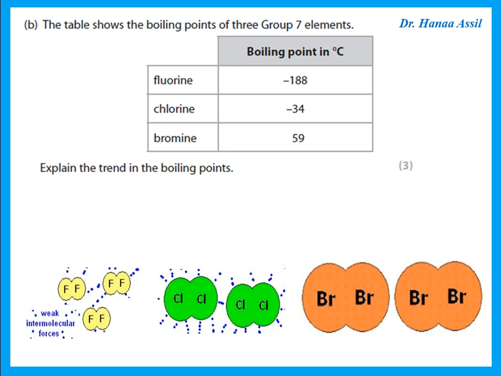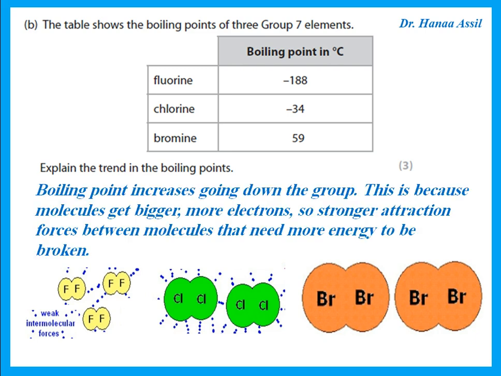This is because as we go down the group, the atom becomes bigger, with more electrons, so the forces between the molecules become stronger. So first of all, what is the trend? Boiling point increases going down the group. Now explain. This is because the molecules get bigger, with more electrons, so there are stronger attraction forces between the molecules that need more energy to be broken.